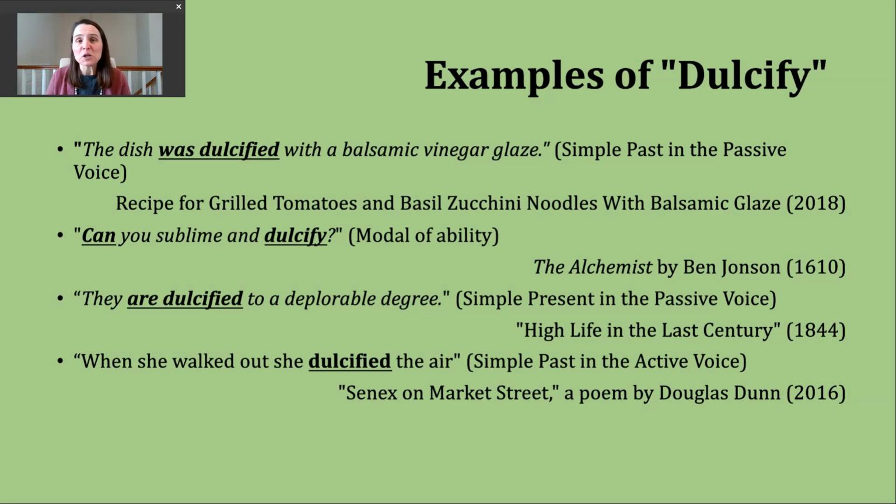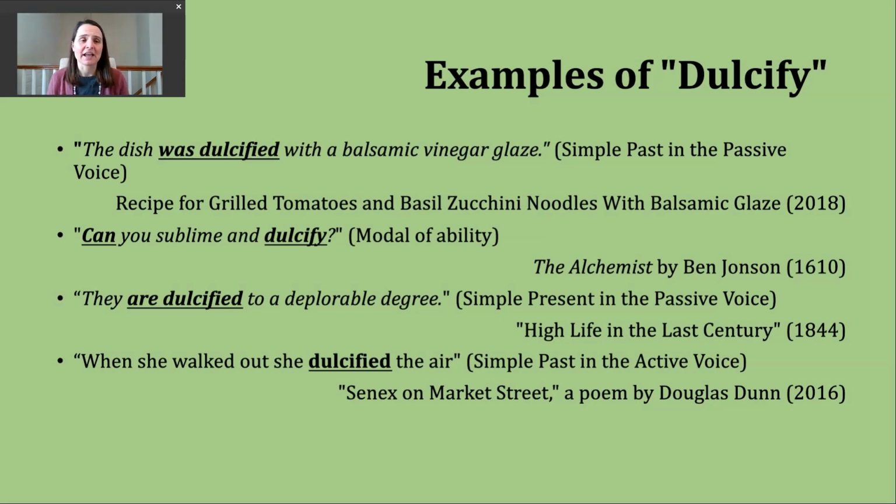If you follow online recipes, many of them begin with some paragraphs at the beginning where the person describes what they did or what they were inspired by, and that's where this sentence comes from. This was a recipe for some grilled tomatoes and basil zucchini noodles with a balsamic glaze. I didn't make it, but I thought it was a nice example of our verb.